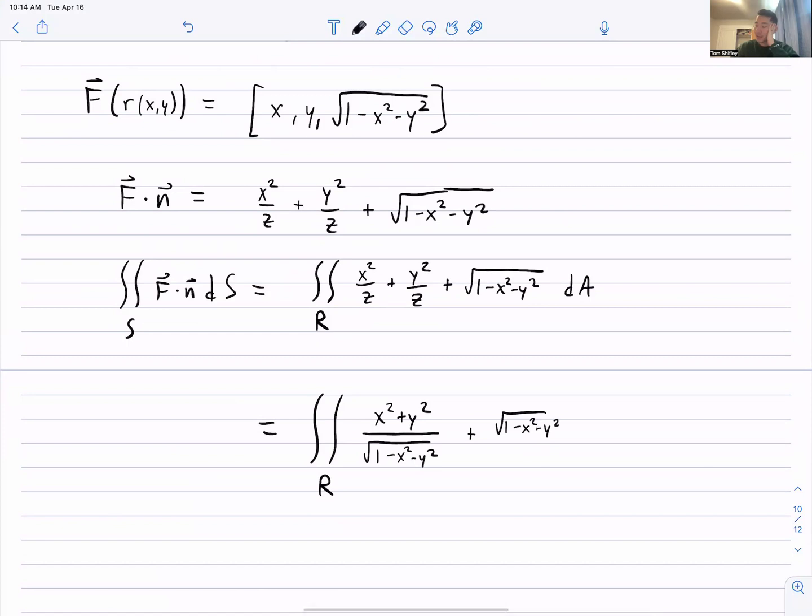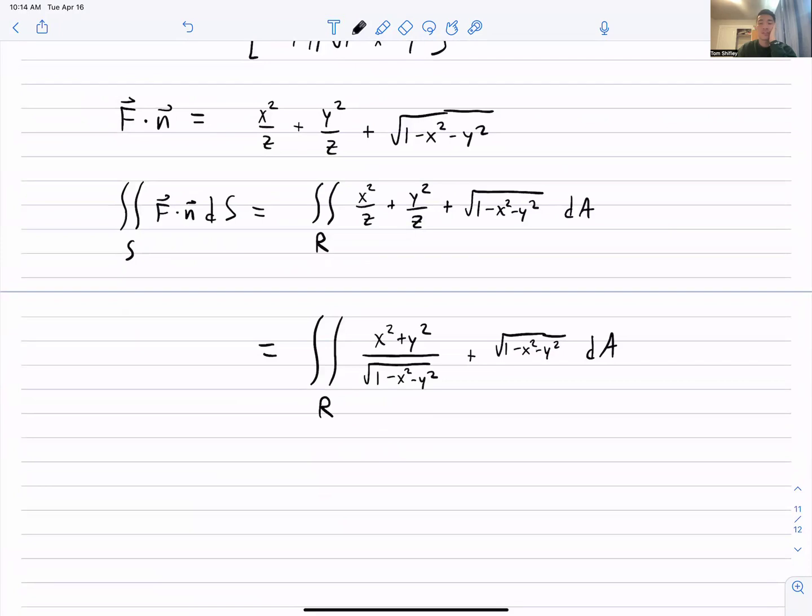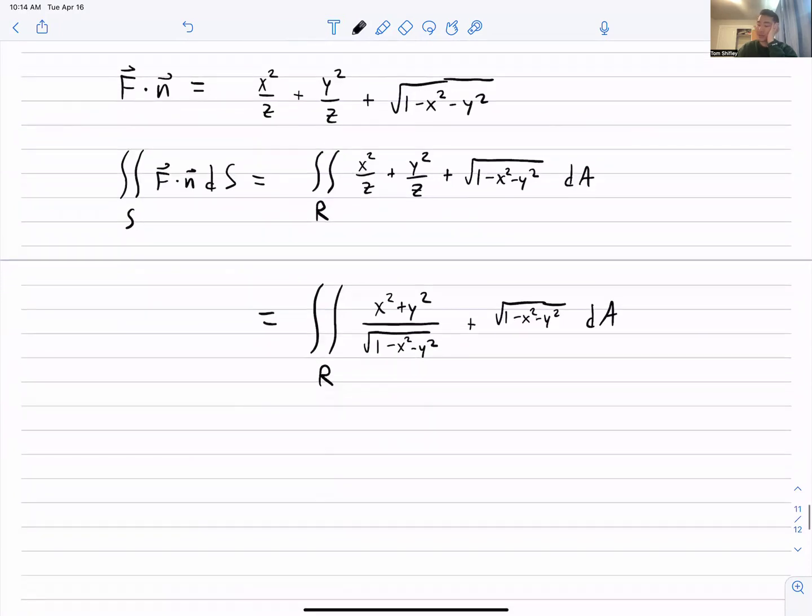dA. And now what we're going to do is use polar coordinates to make this a lot easier. So convert to polar coordinates. As we convert to polar, we get the double integral over the unit disk, which in polar coordinates is 0 to 2 pi, 0 to 1.